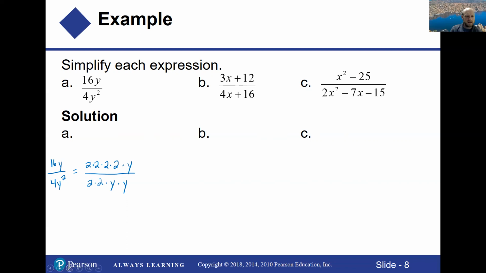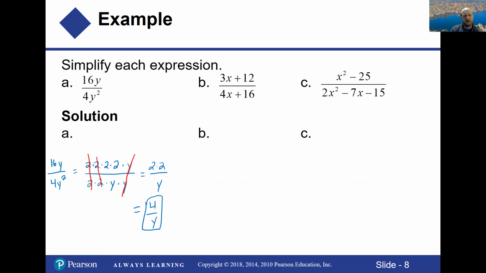And then what I do here, and I'll use a different color if that helps you, I'm going to cancel out common factors. And I'm left with, in this case, 2 times 2 on the top, and then just the y in the bottom. So I'm left with 2 times 2 over y, which is 4 over y.